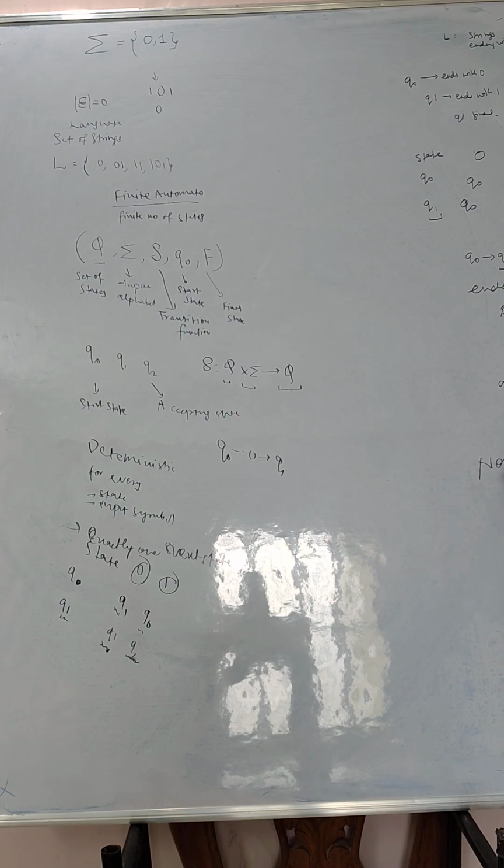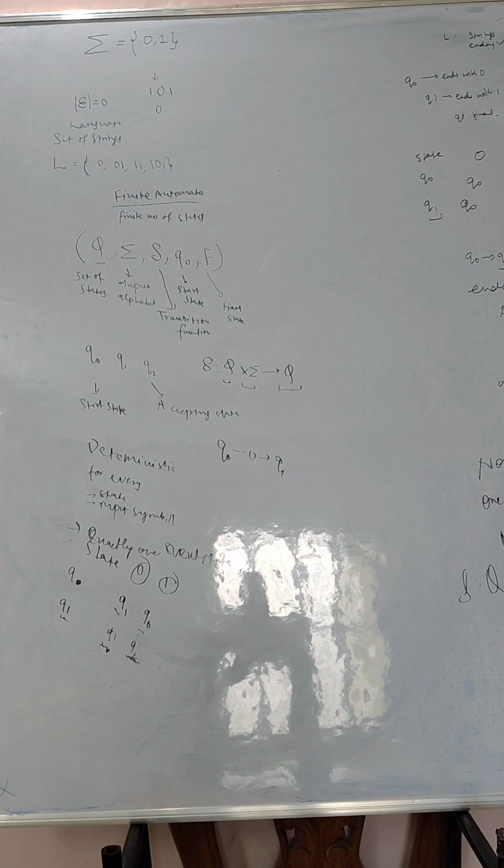The formal definition is rho: Q times sigma to 2 to the power Q, which means the output is a set of states.